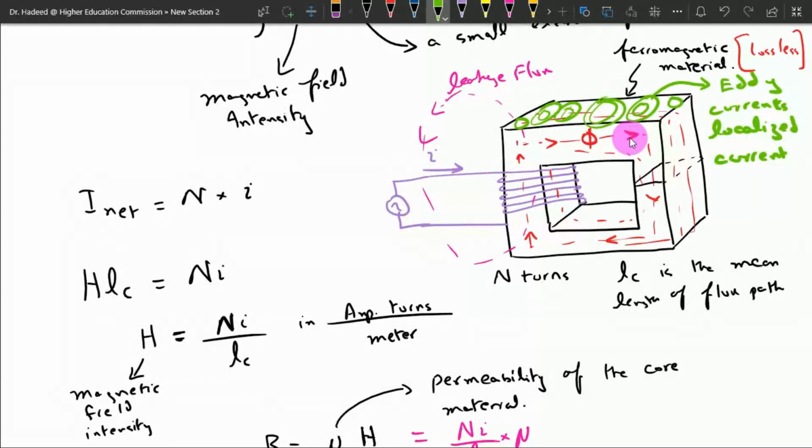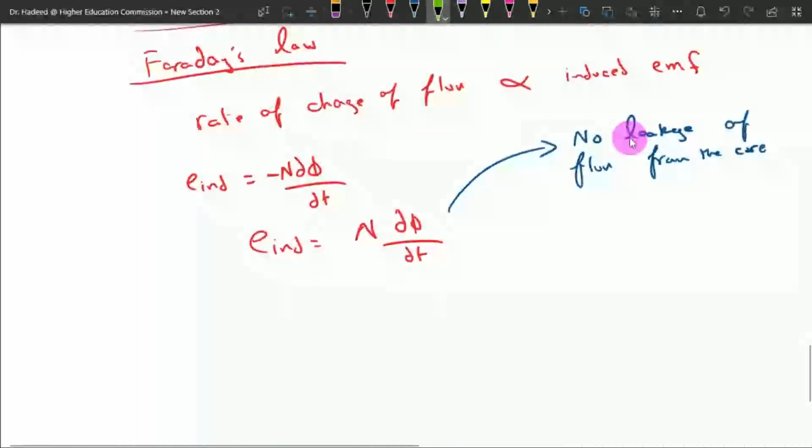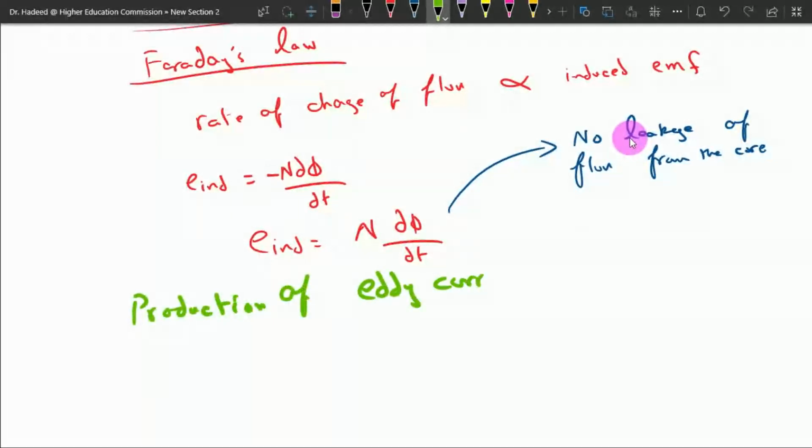So the production of eddy currents produces losses. Why do we have losses here?